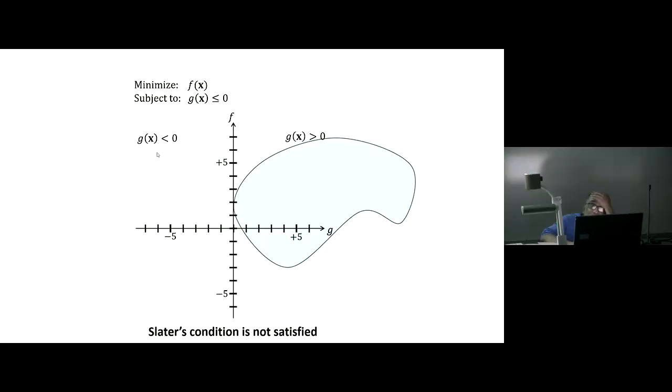We don't have anything on this side, right? This blue region lies entirely on the right side where it just touches here. This is the optimal, I guess. But if I were to draw this blue region further right, then we wouldn't be able to get any x star. The constrained optimization problem wouldn't have any solution.